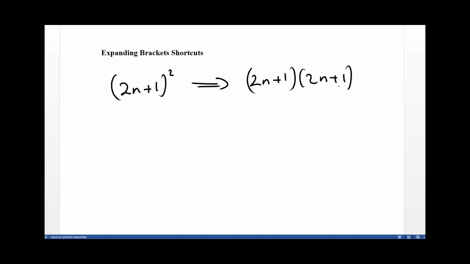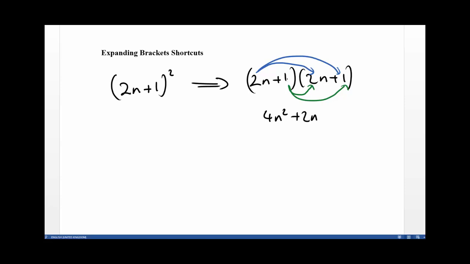Okay? Now, we're going to expand it the long way just to show you what I'm talking about. And then I'm going to show the shortcut that we're going to be using for the remainder of this lesson. Right, so we've got 2n times 2n, which is 4n squared. 2n times 1, which is going to be 2n.